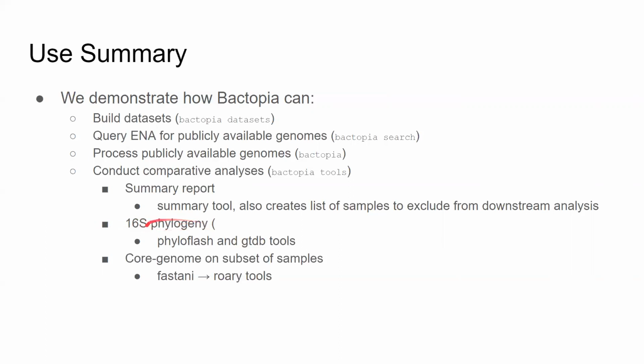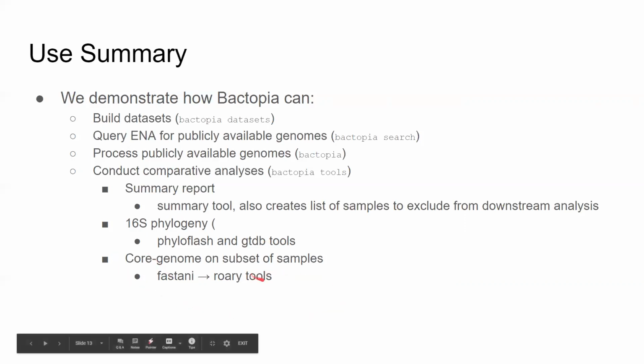There's also the 16S phylogeny, which we used PhyloFlash and GTDB for, and then the core genome on a subset of samples. We showed how you can use FastANI to find the samples that are closely related to the reference genome that you have, and then create a pangenome.